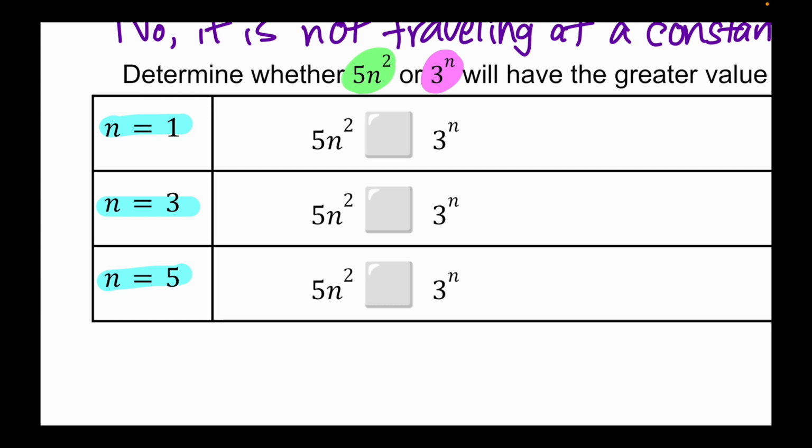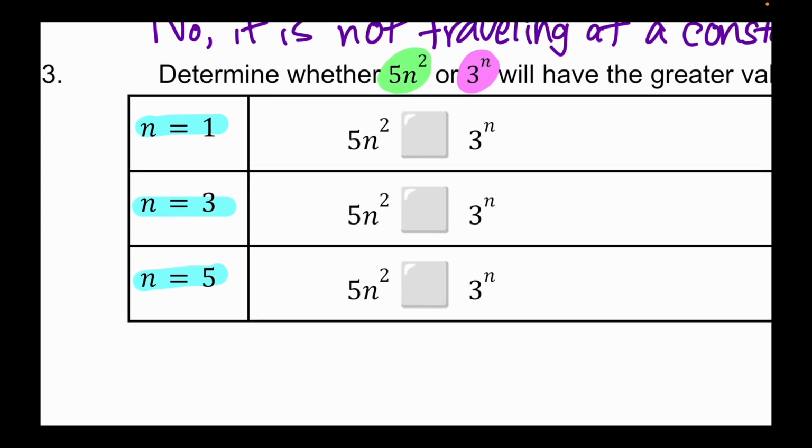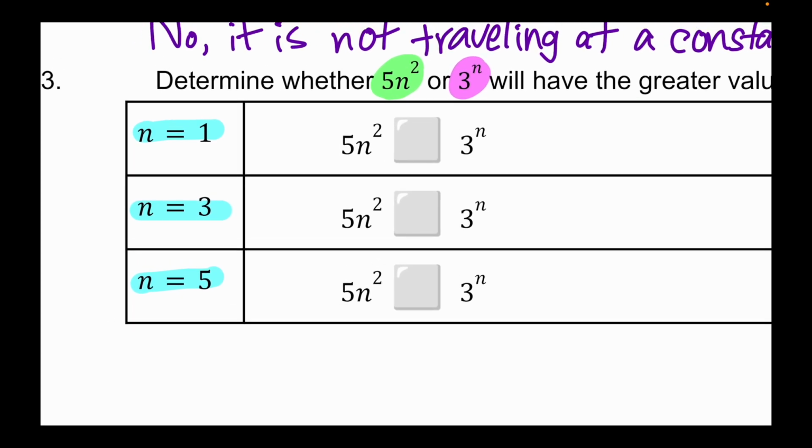So I'm going to pull mine up just for me, but you'll be able to use your own. So here, we're going to plug in 5 times 1 squared. And if you plug that in your calculator, 5 times 1 squared, you should get, well, 5 times 1, which is just 5.